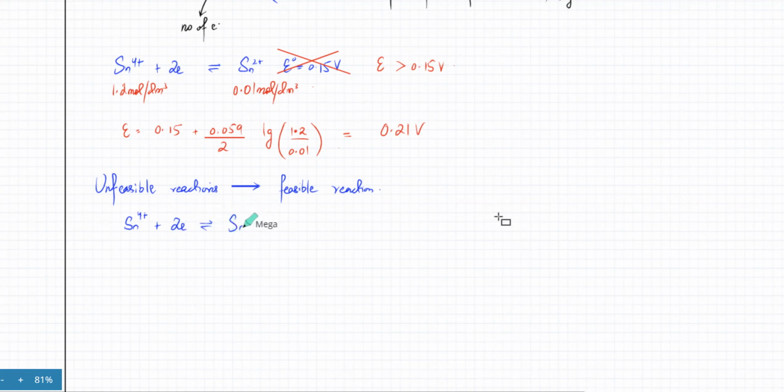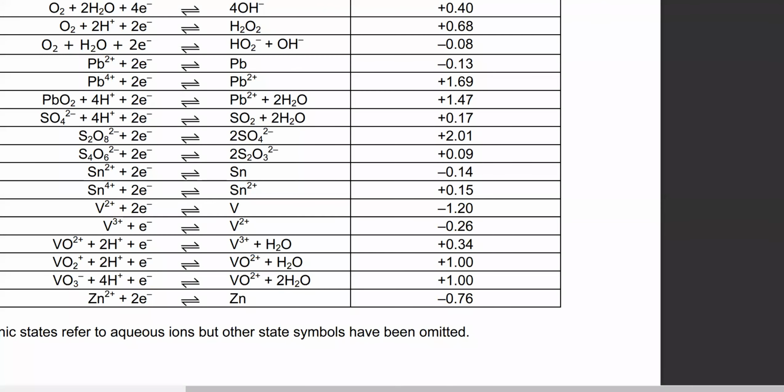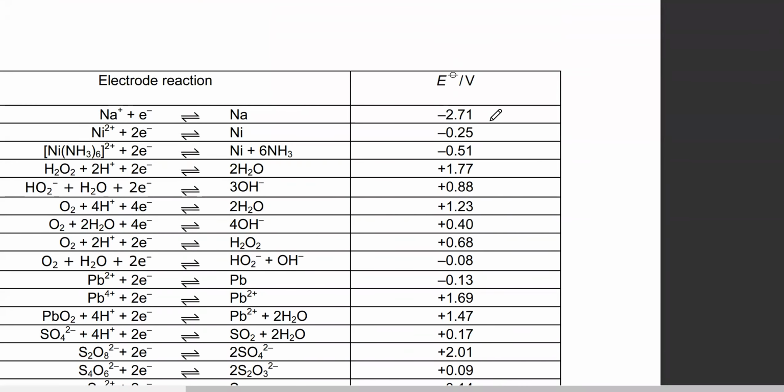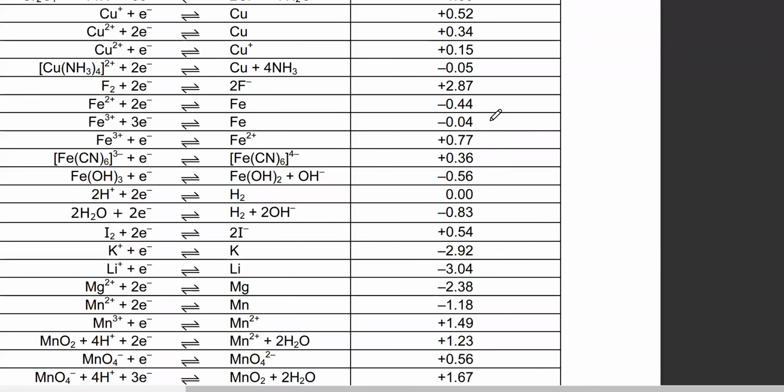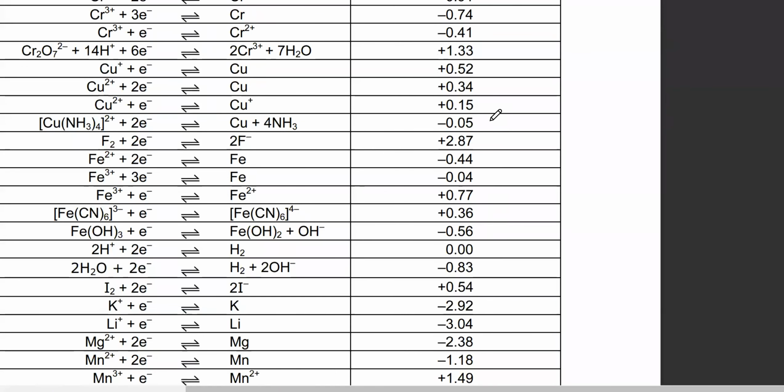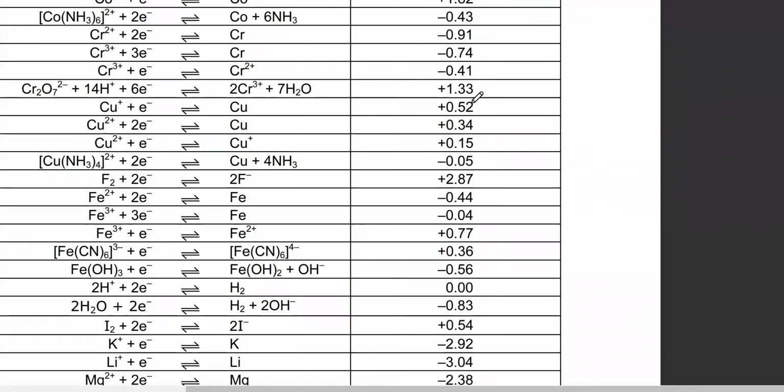It's turning into Sn(2+), and the E naught is what? It's 0.15 volts, right? And I've got another reaction. Let's pick another equation that is very similar to this, something close to 0.15. I think there's one copper equation, but that one is exactly 0.15.